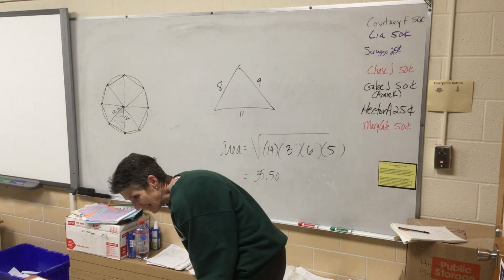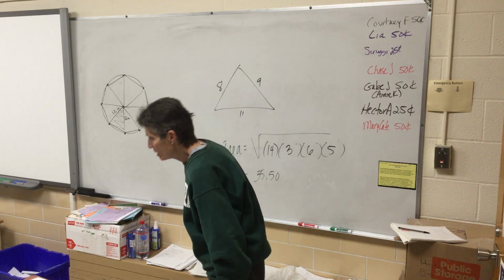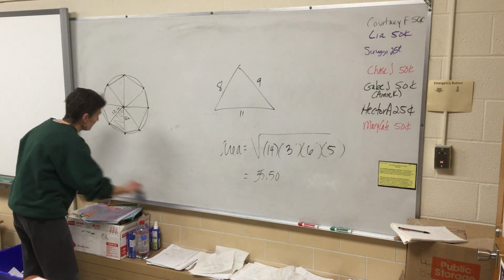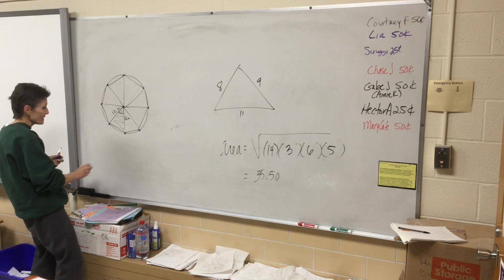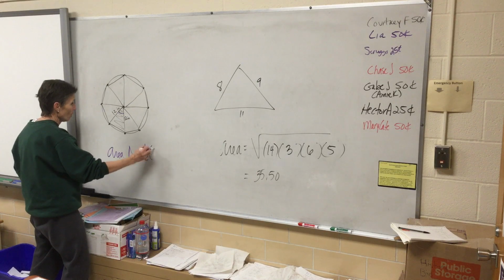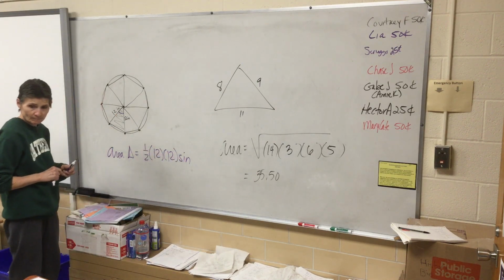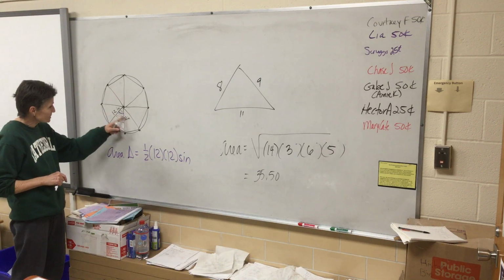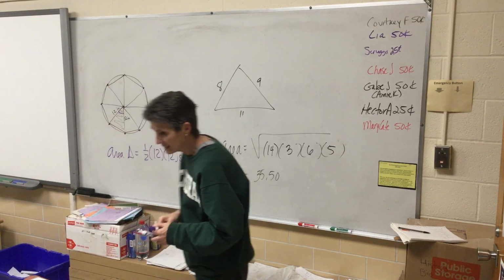You're finding area. Area means it would be awesome if I knew this purple angle, because then the area of the triangle would be 1/2 12 12 sine that angle, because it's between the two sides. You can find that angle real easy. Who remembers?